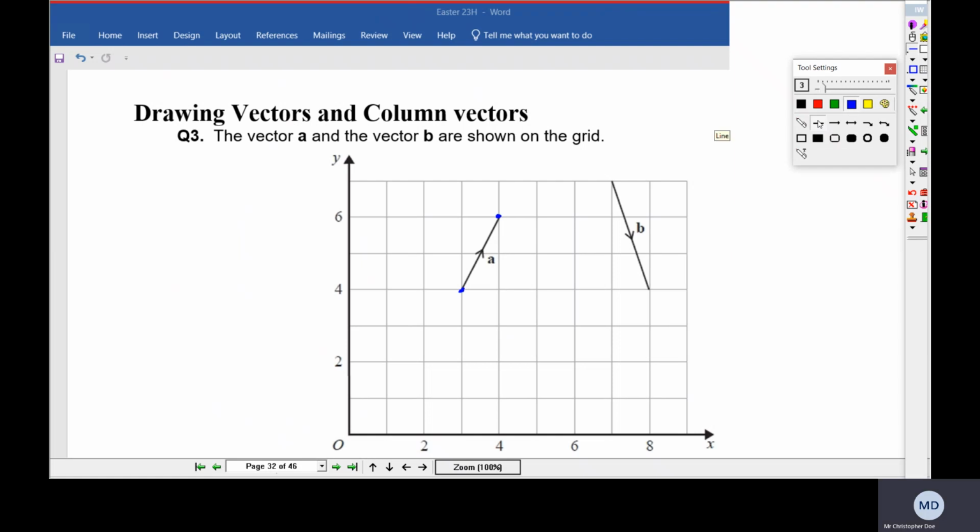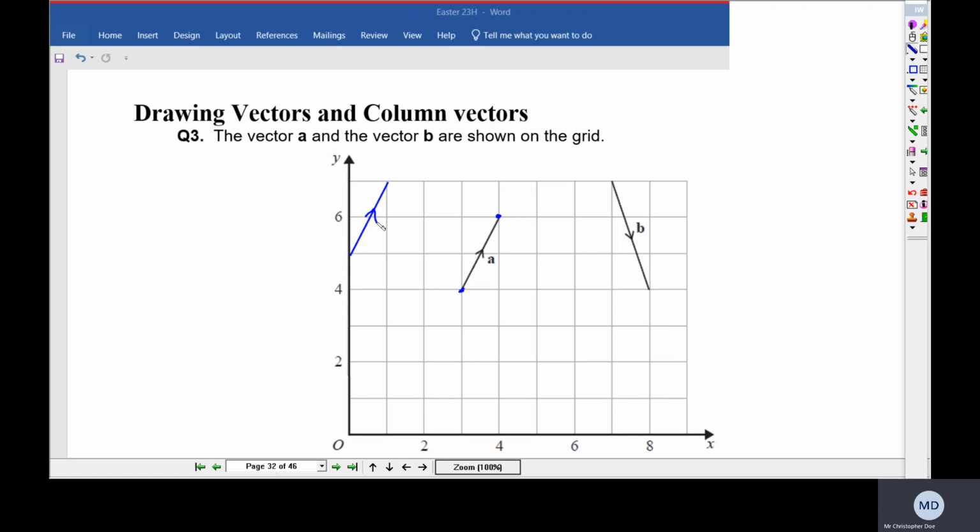This is on the same booklet, near the beginning of booklet 2. Right, okay, so there's A. Let me draw something on for you. Let's draw that one on there. Right, can I ask you to discuss with the person next to you, what's the name of that vector there?